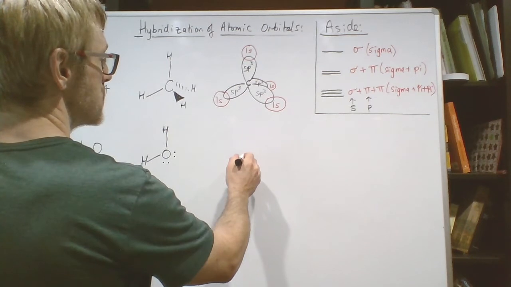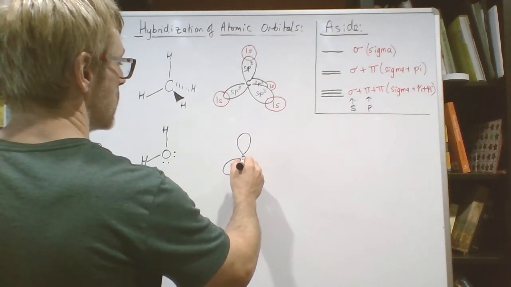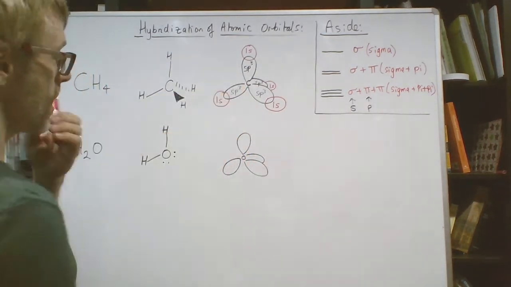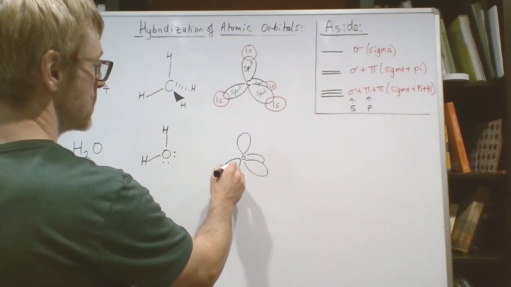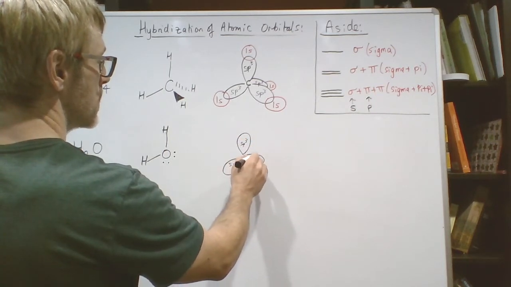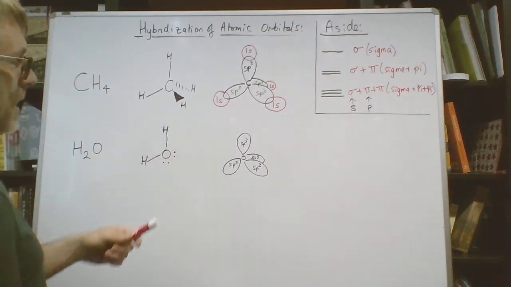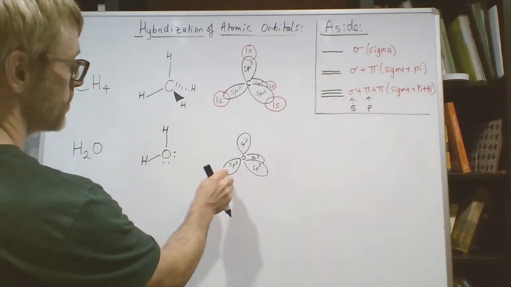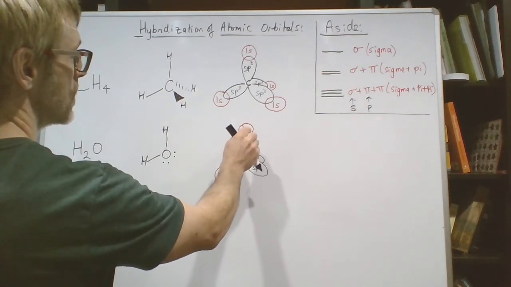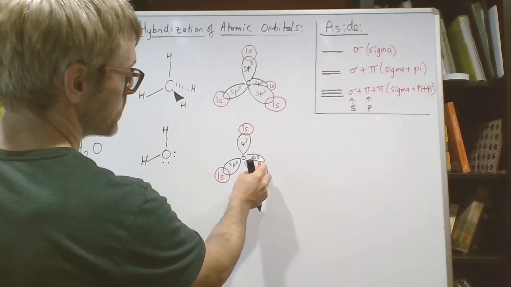So we could have oxygen in the middle, and our sp3 hybrids again, just like we did with carbon. So we can label those sp3, sp3, sp3, sp3. And now we can have hydrogens here, the 1s unhybridized orbital of hydrogen. And then these would just be the lone pairs in these orbitals here.